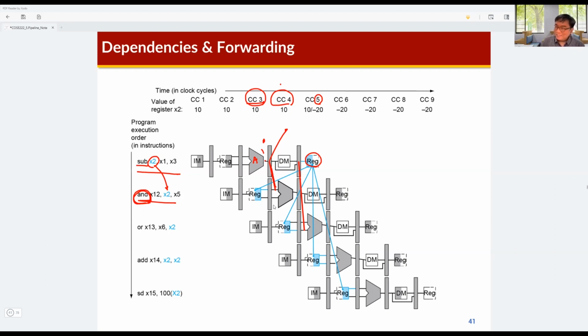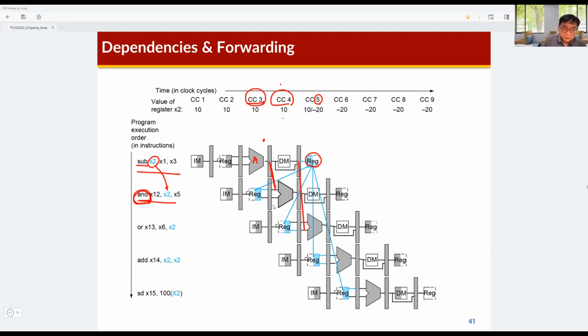what is required? So I believe everyone knows that with data forwarding, we can avoid data hazards. So the data can be forwarded, but what is required in the hardware? Port, yeah, port. So actually the port already exists in the data path element.